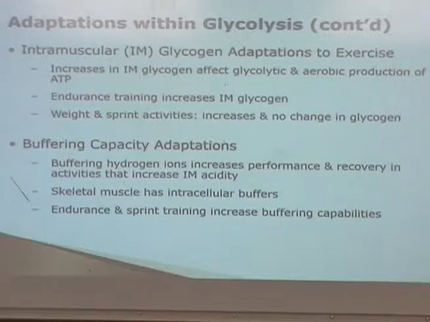Not every time, but quite often. That's an easy way to go about it rather than learning another set of material. So if I'm breaking down carbohydrate and I'm training this system, then a good adaptation would be to have more carbohydrate available to the system. Yes? Does that make sense?